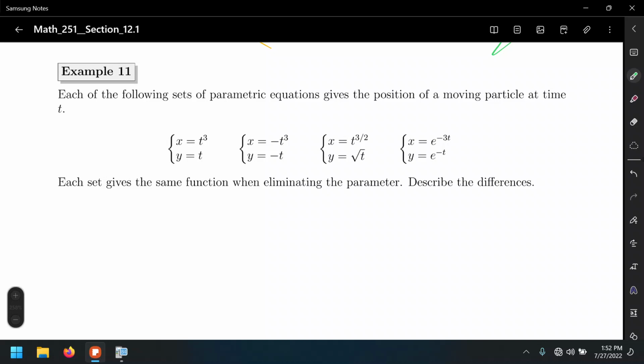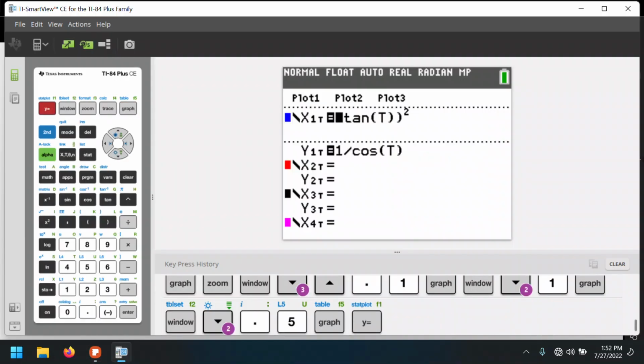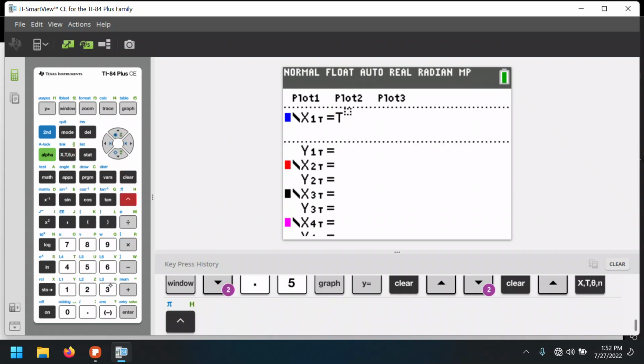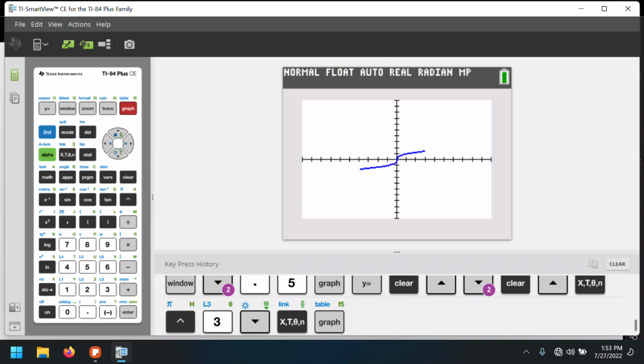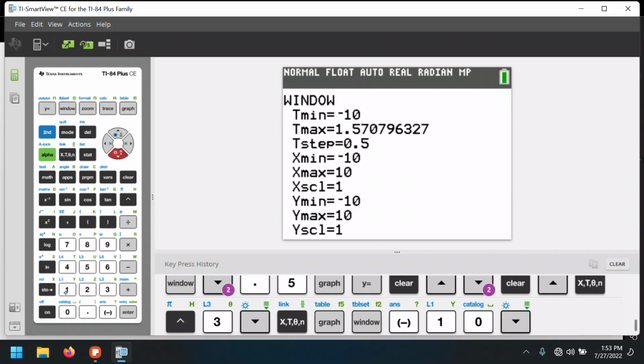All right, so number one, how about we go to our graphing calculator and plot. Let's plot the four of them, well, one at a time, of course. So it's t cubed and t. And then, well, so if we graph, I need the window to be, I'm going to go from -10 to 10.